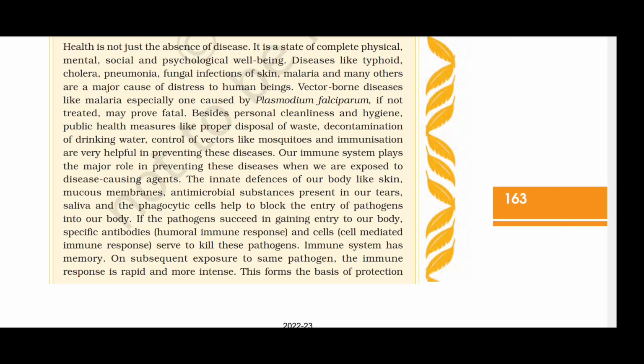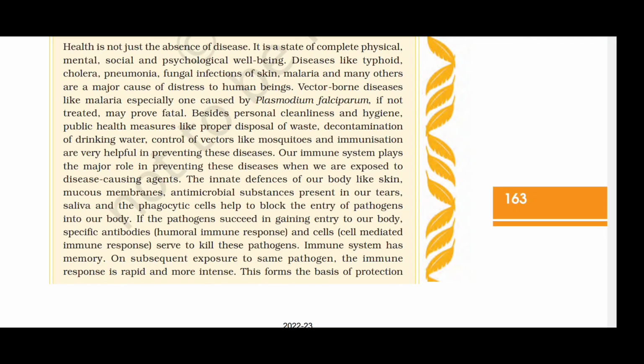Our immune system plays the major role in preventing these diseases. When we are exposed to disease-causing agents, the innate defenses of our body, like skin, mucous membrane, antimicrobial substances present in our tears, saliva, and the phagocytic cells help to block the entry of pathogens into our body.